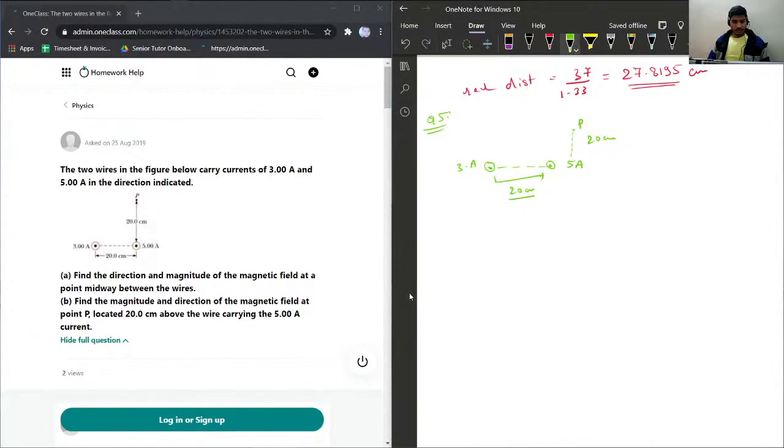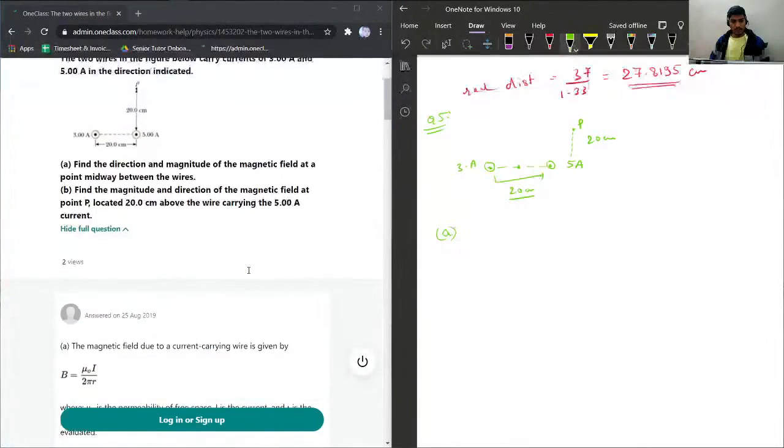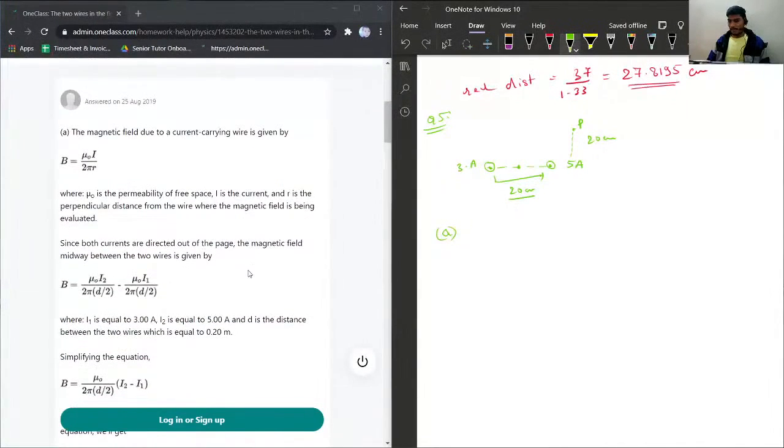For the first part, we need to calculate the magnetic field in between, and for the second part we need to calculate the magnetic field at this point P. For part A, I'll go along with the solution also. For calculating the magnetic field of a current carrying conductor, we have the formula.